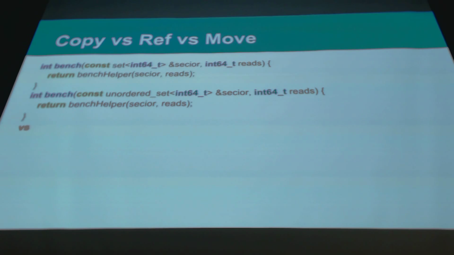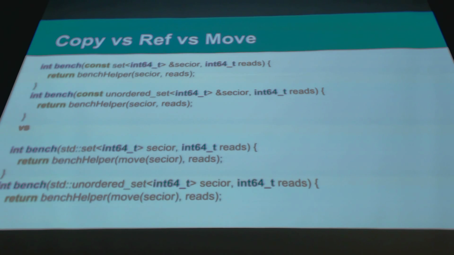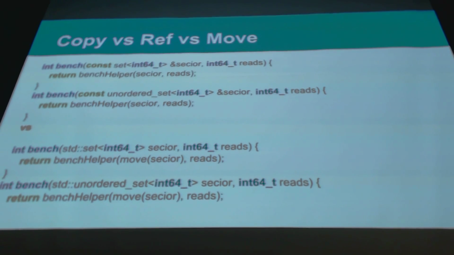So it will not be so easy that it will be just a template and it will see what's going on. So of course I will try to see the difference between taking by reference and just taking by value and moving it inside. So I will just take the copy in the first place, and then I will move it.